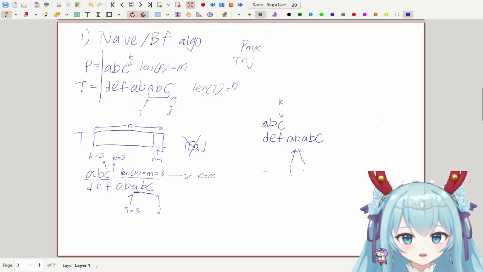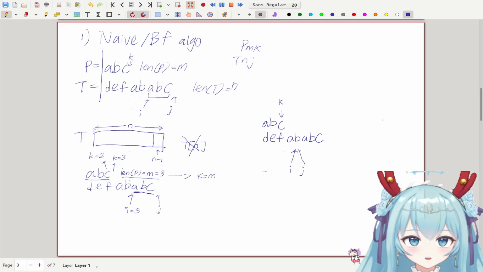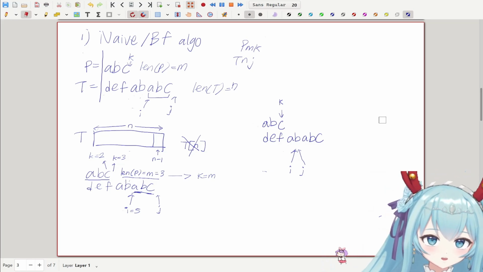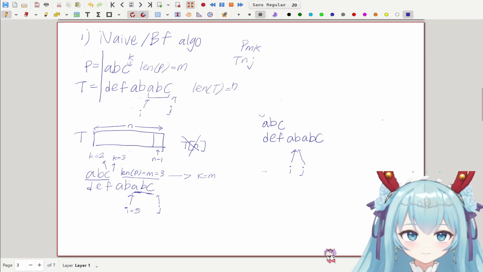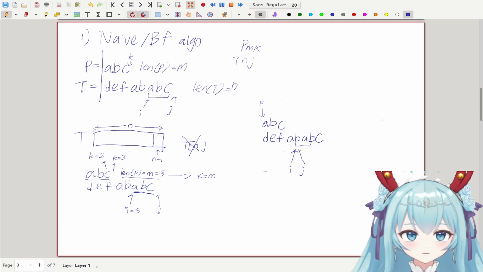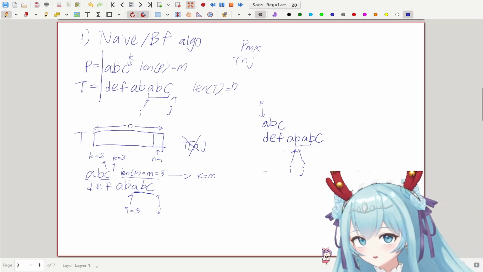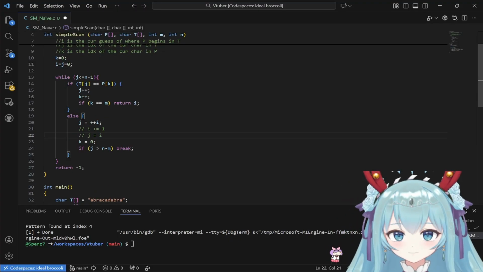And we set J to I so that J is at the first character of the new window. And then remember to reset J back to 0 so we can compare this window of ABC against BAB. Okay, so we're explaining this.